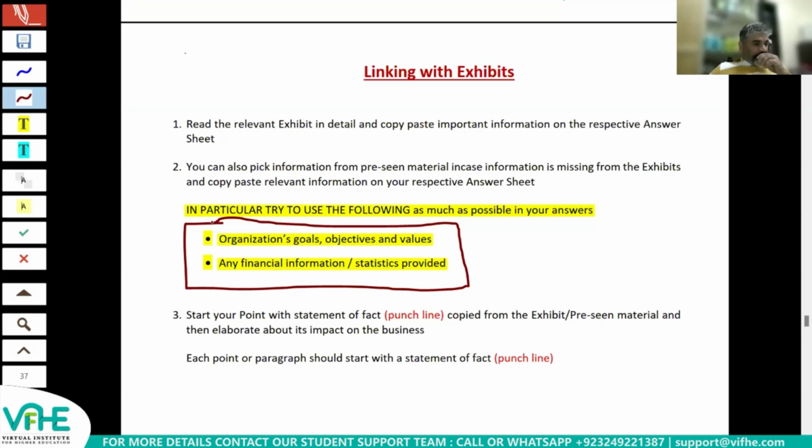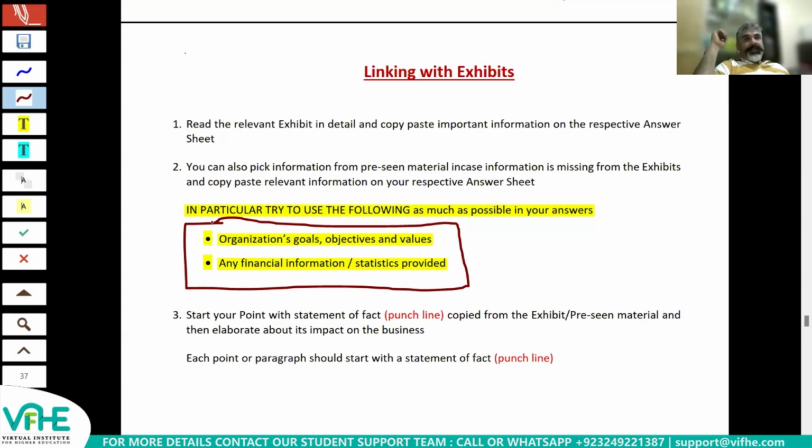For example, one of the values of the company is to have highly motivated and satisfied customers. Okay, one of the values is having satisfied customers. We always try to satisfy our customers, right?